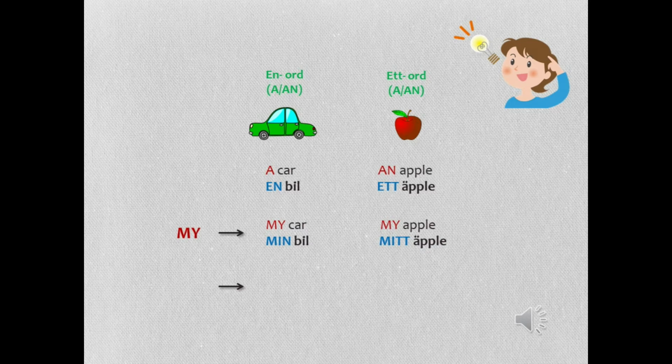Because a car is an n-ord, we use min bil. An apple is an ett-ord, so we use mitt äpple. My, or min or mitt, is a special pronoun that changes its ending depending on the things we refer to. Unlike her or hennes, we always use the same pronoun with whatever things we are referring to. We say hennes bil and hennes äpple.